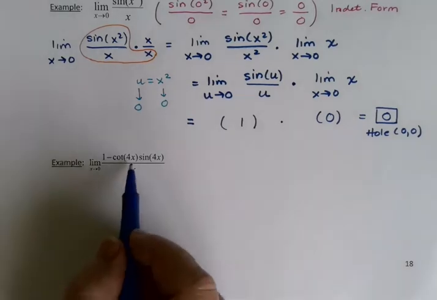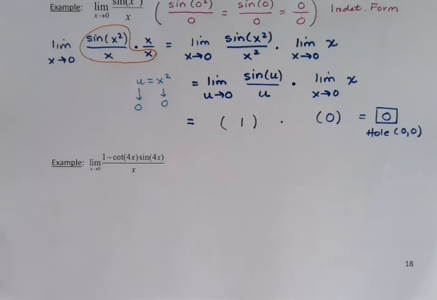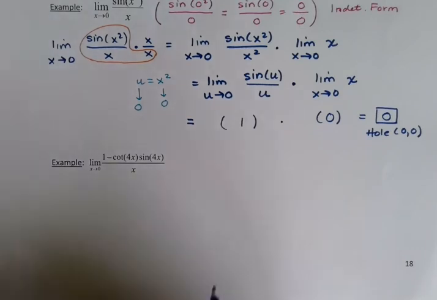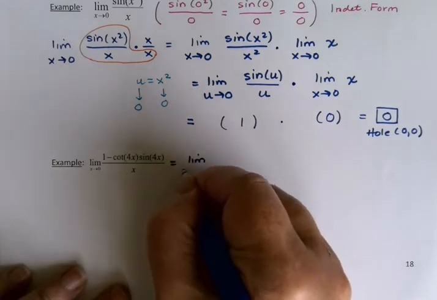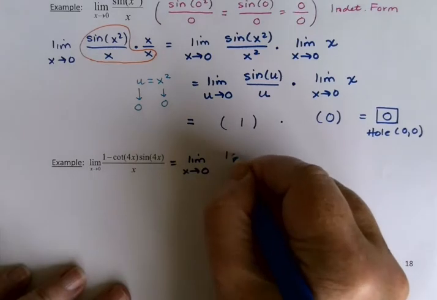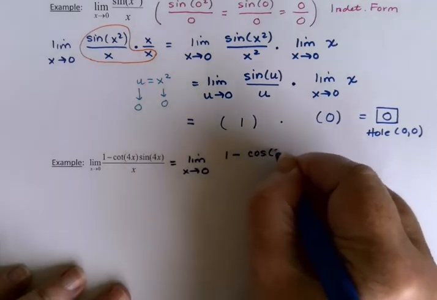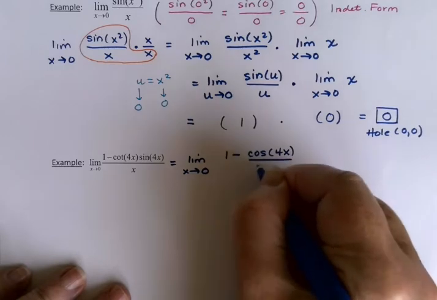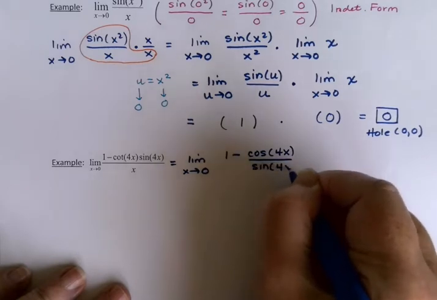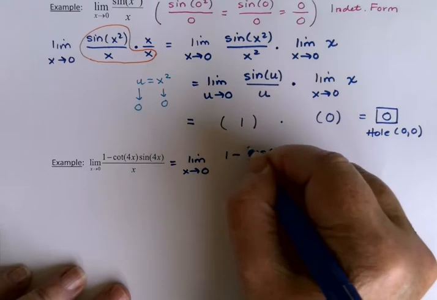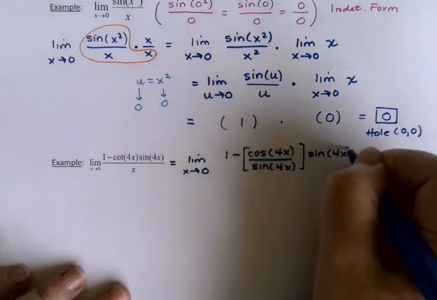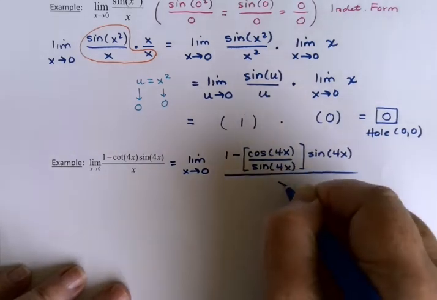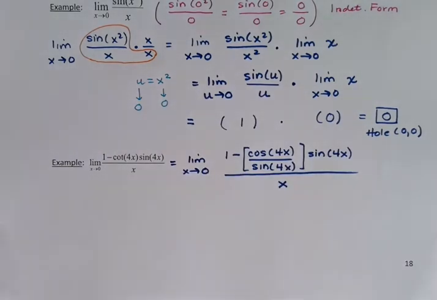I'll use an identity to say that cotangent is just cosine over sine. So let's do that rewrite first of all.